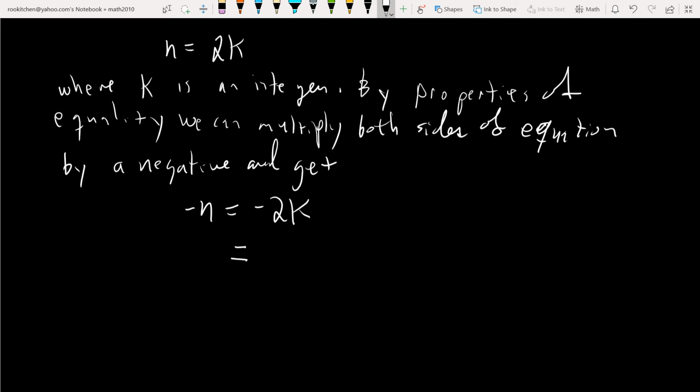Negative 2k is the same as negative 1 times 2 times k. This is just the definition of a negative number. Then we can rewrite it using the commutative law, right? So 2 times negative 1 times k.